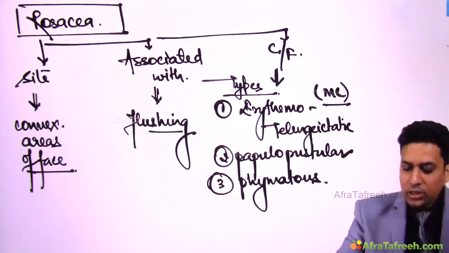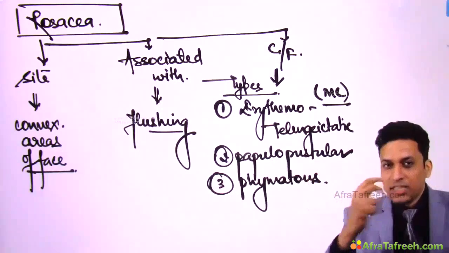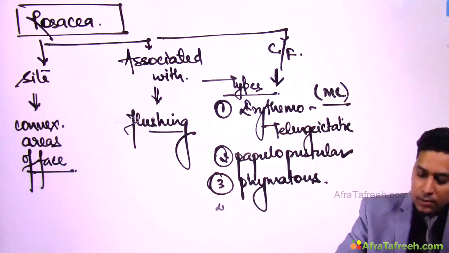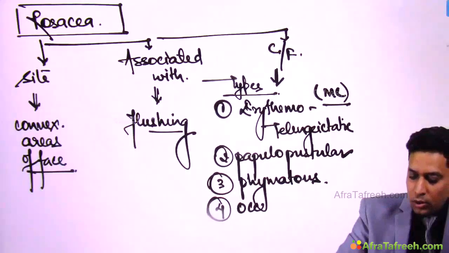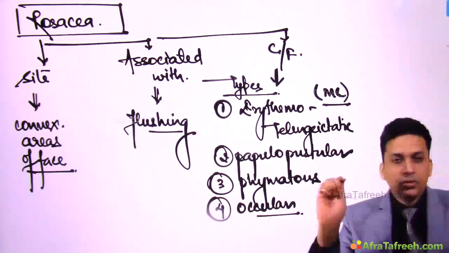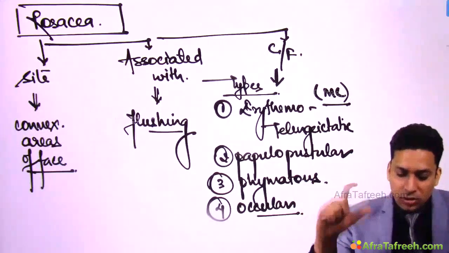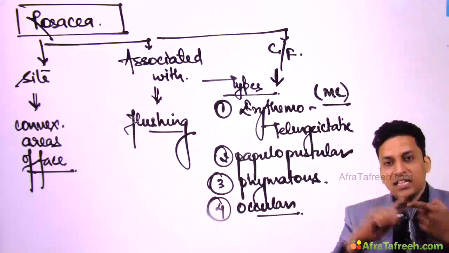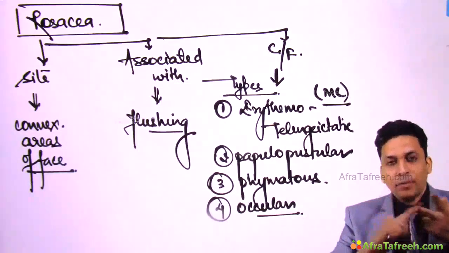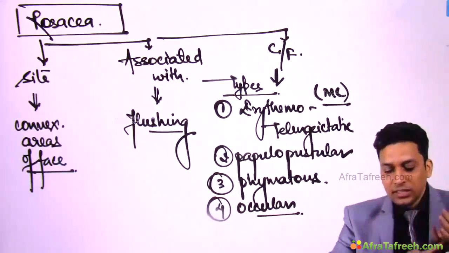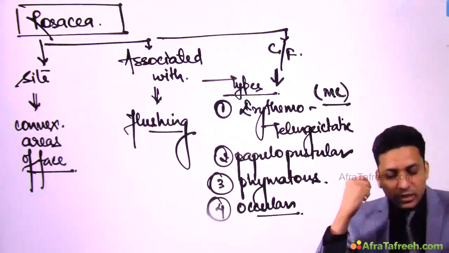In papulopustular, you will get papules and pustules. In phymatous type, you might get rhinophyma. And ocular: in ocular, there are only ocular changes, there are no skin changes. Okay, so these three are important for us: erythematous lesions with telangiectasia, papulopustular type, and rhinophyma, that is phymatous type.